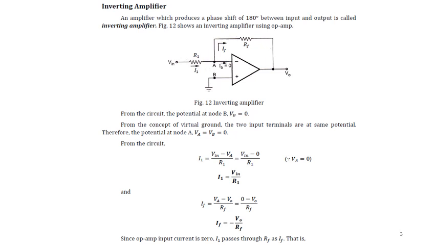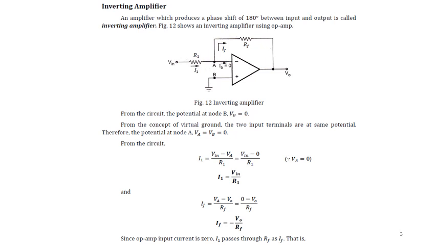In this case, the feedback is provided through a resistance, called the feedback resistance, connected from output to input. Feedback means part of the output is fed back to the input. Now, what is an inverting amplifier?